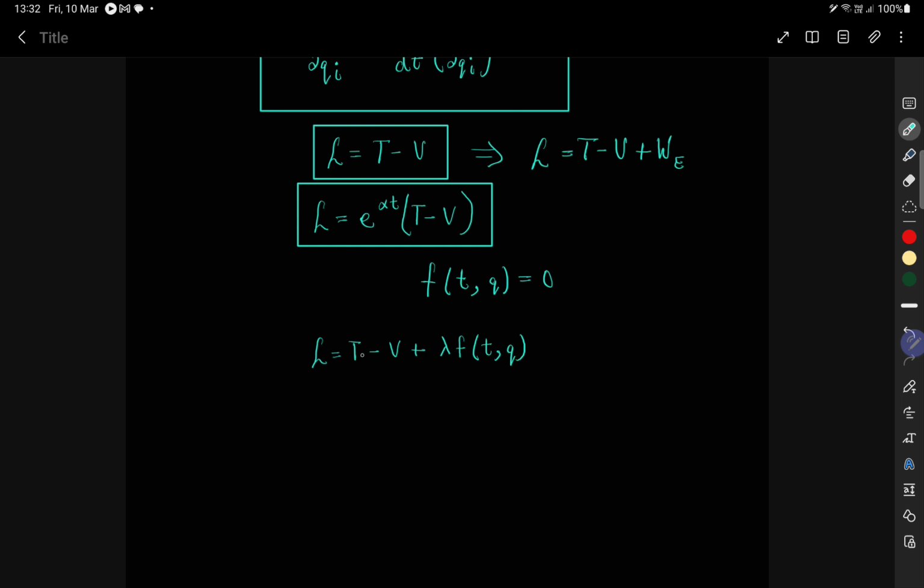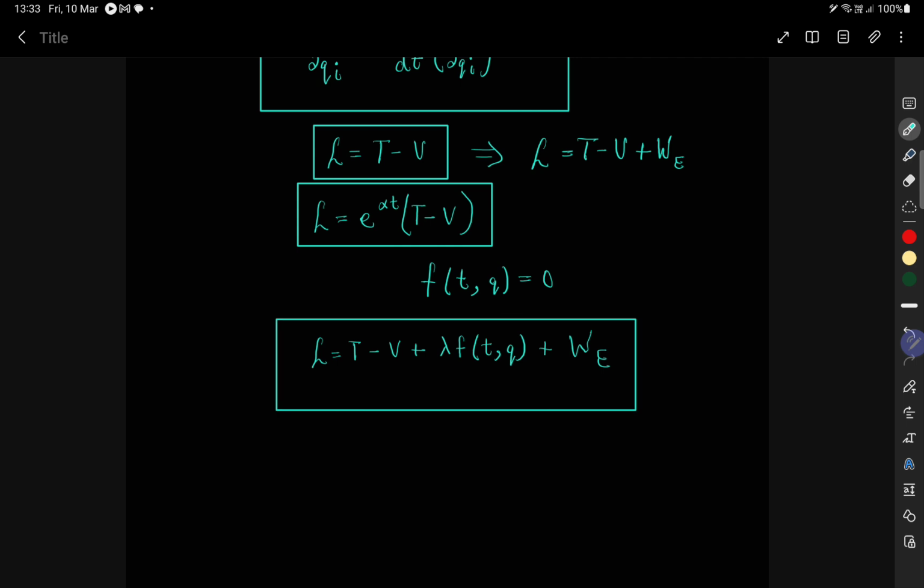You add lambda f of t comma q to the regular Lagrangian, which is T minus V, or even T minus V plus We is fine. So that's the full Lagrangian with holonomic and generalized constraints.